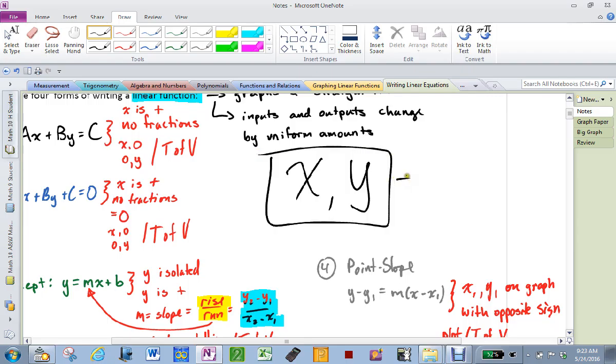X, Y. Any two numbers, 3, negative 12, means you have an X and a Y that can go where? Any X or Y in any one of these forms. Okay? Does everyone understand that?